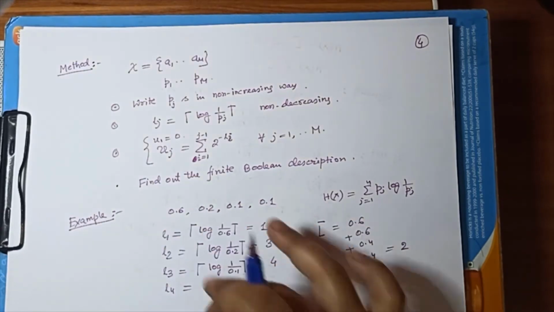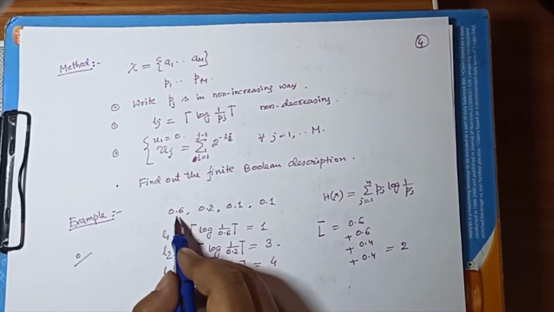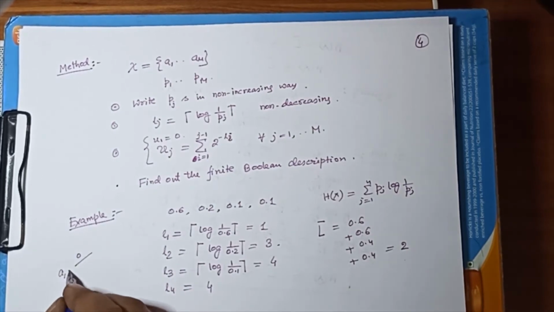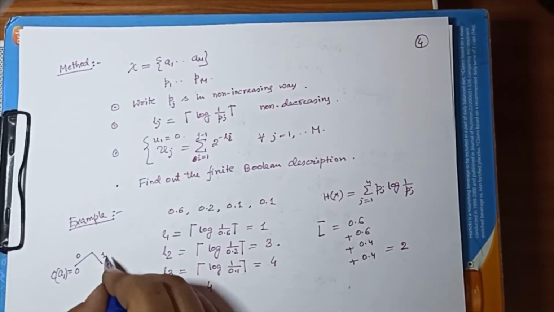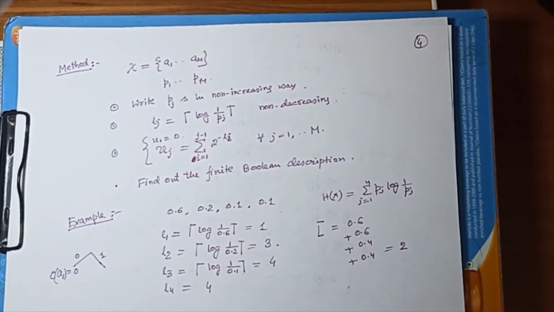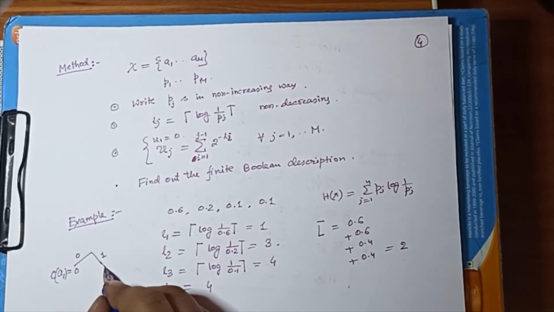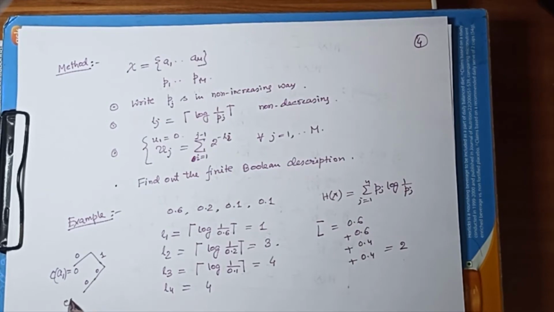If you construct a tree using this, the tree will be like this. So this will be 0, say. For A1 I assign the code 0, so C(A1) is equal to 0. Second is say 1, then the assignment is say 1 0 0, so C(A2) is equal to 1 0 0.